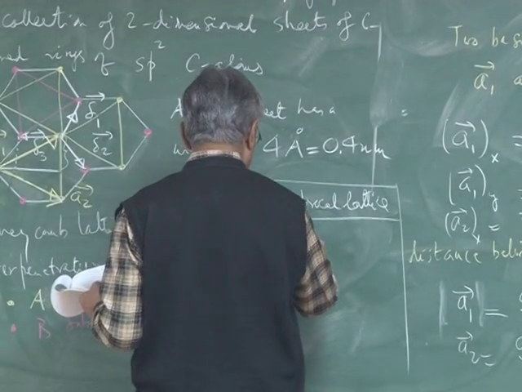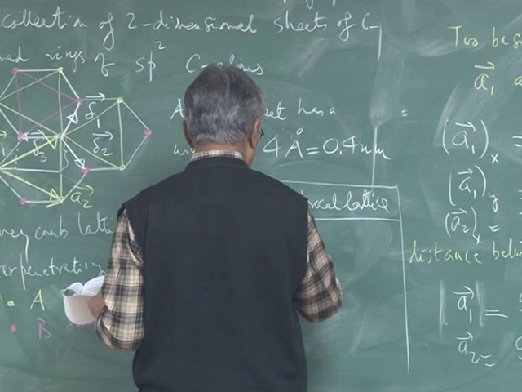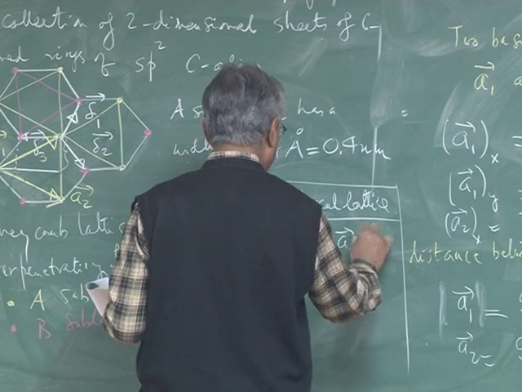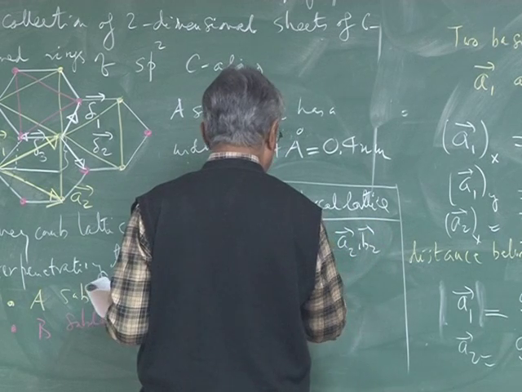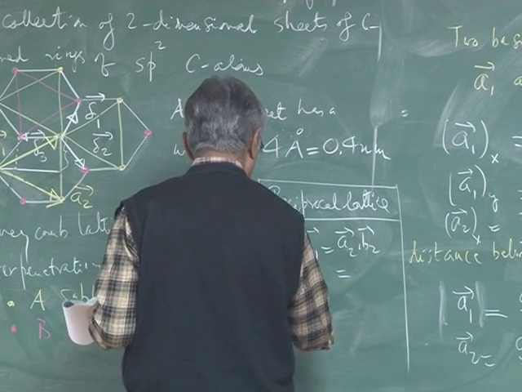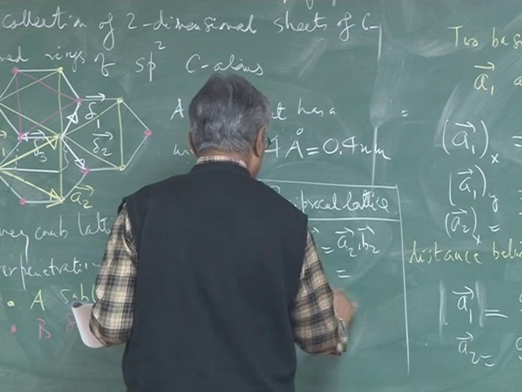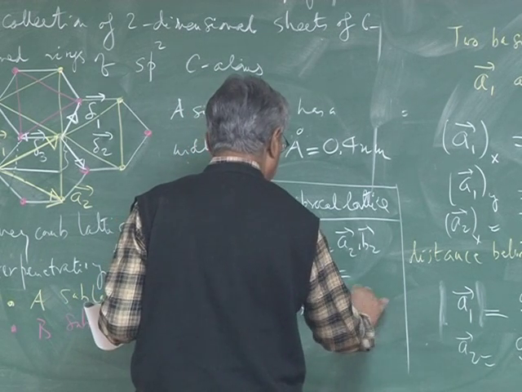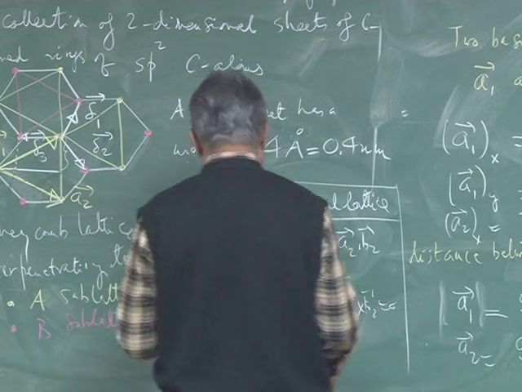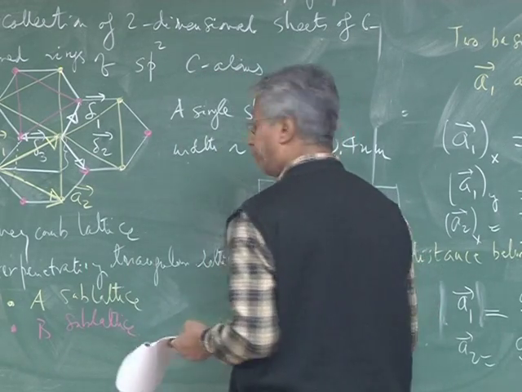The condition is that a1 scalar product with b1 must be equal to a2 scalar product with b2, and a2 cross b2, etc. is all 0, and that factor is simply equal to 2 pi, right?